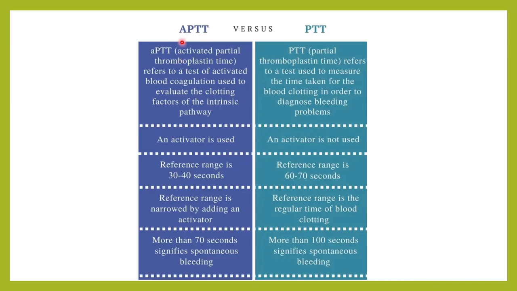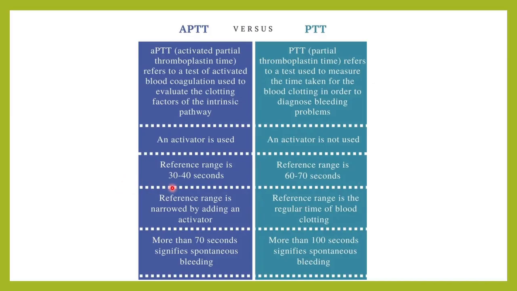So here in activated, the name itself is activated. So we are using an activator. Whereas in PTT, we do not use an activator. Okay. So the reference range of this, because we are using an activator, would be less. So that would be around 30 to 40 seconds. Whereas where we are not using an activator, it would be a little higher. You can see about 60 to 70 seconds.